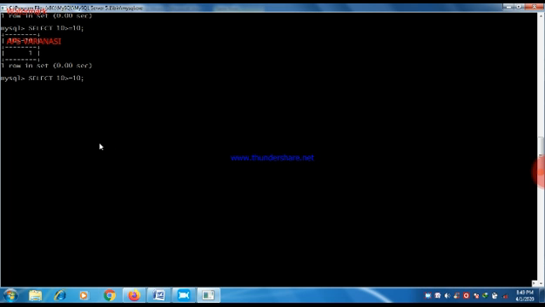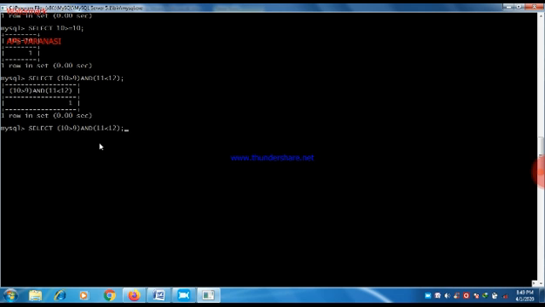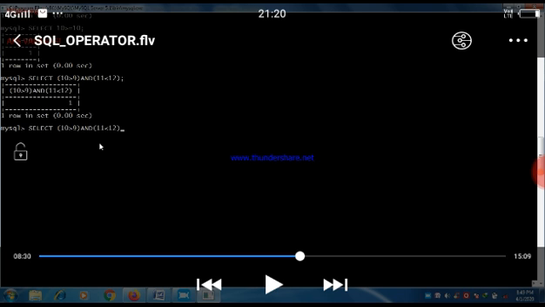Here we give a condition: select 10 greater than 9 and 11 is less than 12. 11 is less than 12 is true, and 10 is greater than 9 is also true.